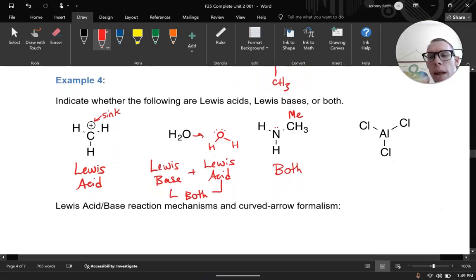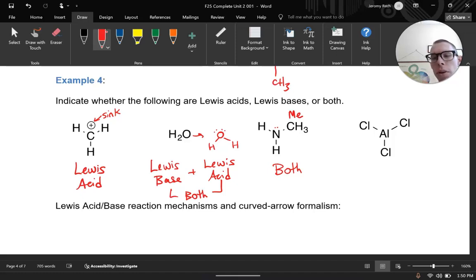Our last example here, number 4, is looking at AlCl3. And here we see that we have aluminum. And aluminum, if we look at the periodic table, is in our exact same group as boron. So it's going to be much like boron, meaning it is going to be sp2 hybridized and have an empty pz orbital.